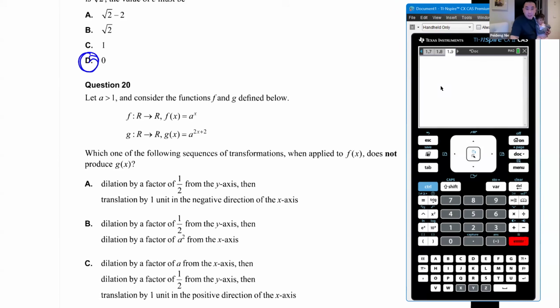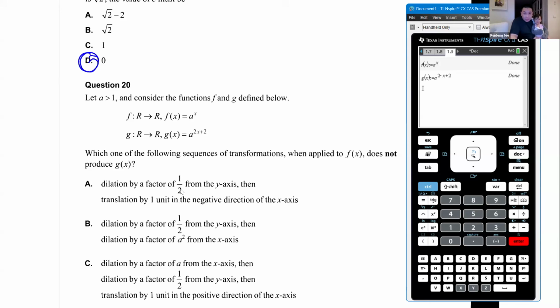Then control I, f of x. Let's assign this one to be a to the power of x, and g of x to be a to the power 2x plus 2. You have two functions, one exponential and another exponential.